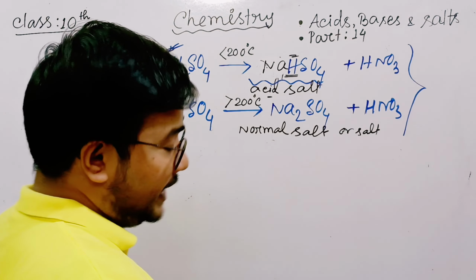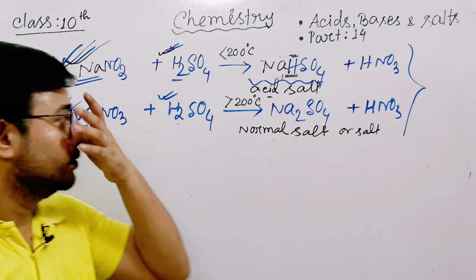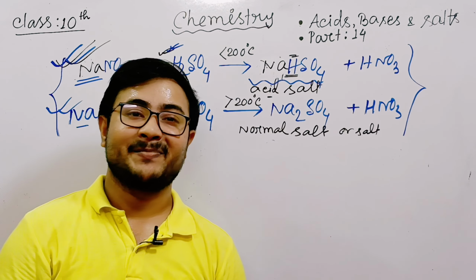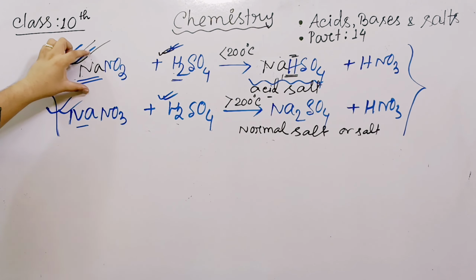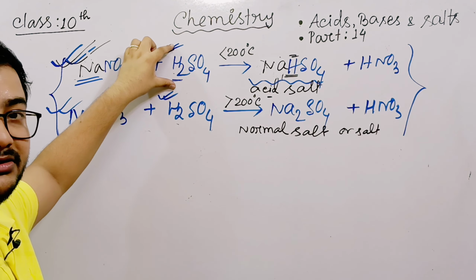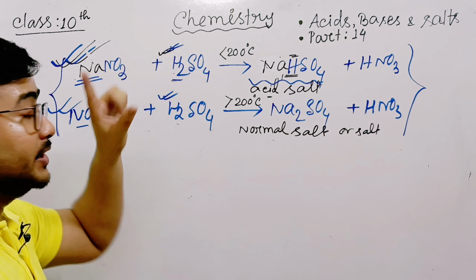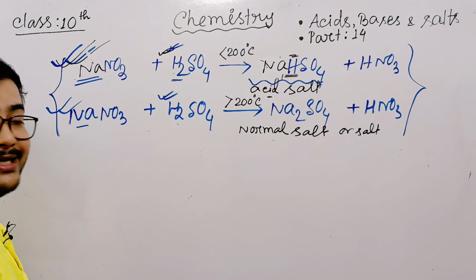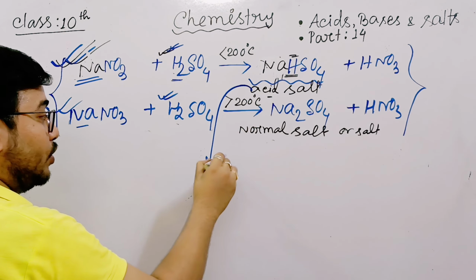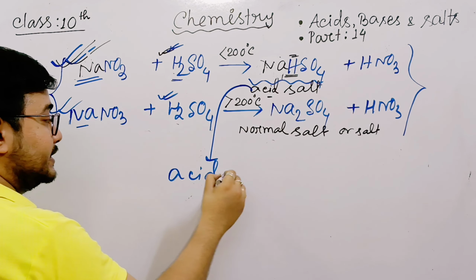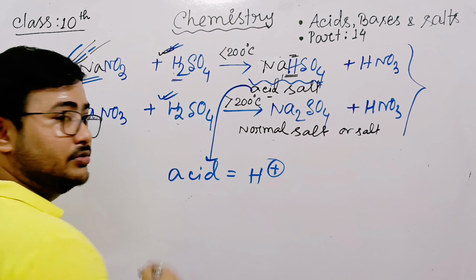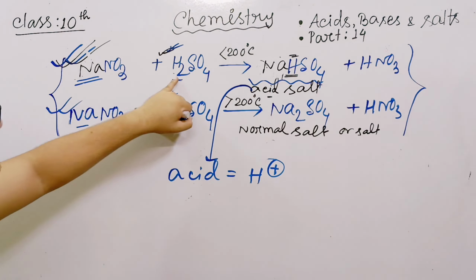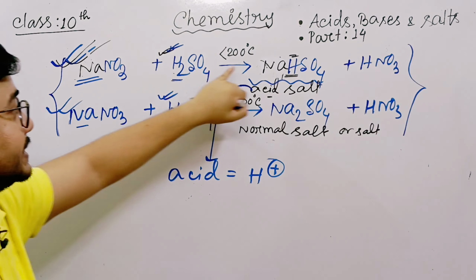Okay, again, one more time. What is an acidic salt? In an acidic salt, this sodium replaces what? It replaces H, no? Give focus. Why is it called an acidic salt or acid salt? All of you know the meaning of acid: acid means H+ ion, no? See, sodium replaces H+ ion.